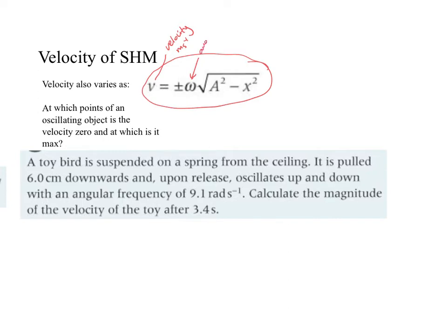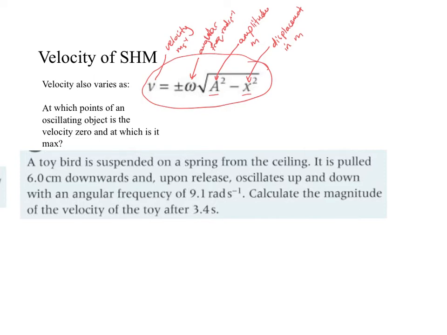Omega is the angular frequency, measured in rads per second. A stands for the amplitude, which is measured in meters, and x is the displacement, measured in meters too. And you can see that since both quantities are squared, the negative signs of those values are not taken into account because they cancel out either way.